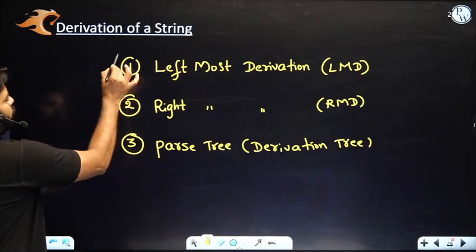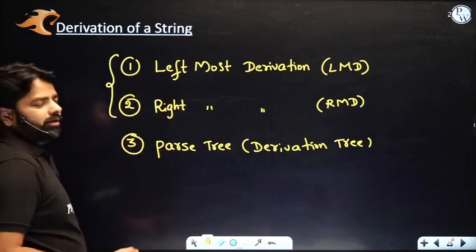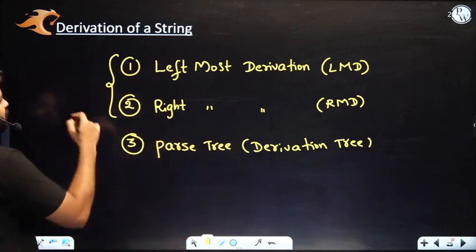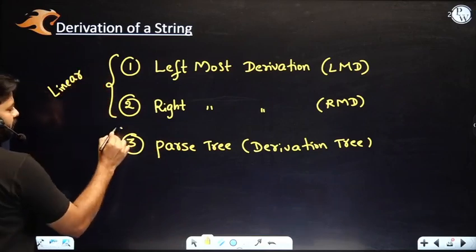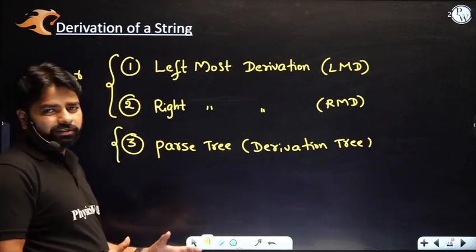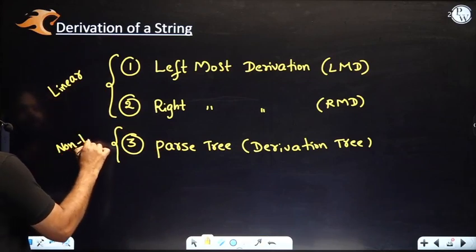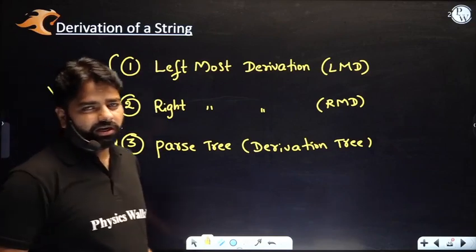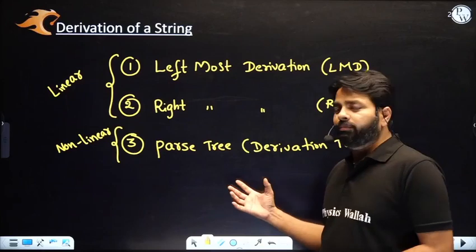The first 2 are in linear form, you write them sequentially, so they are linear derivations. The third one you draw as a graph, a pictorial representation, so it's a non-linear representation. In the linear you have 2 types, in the non-linear you have the parse tree.